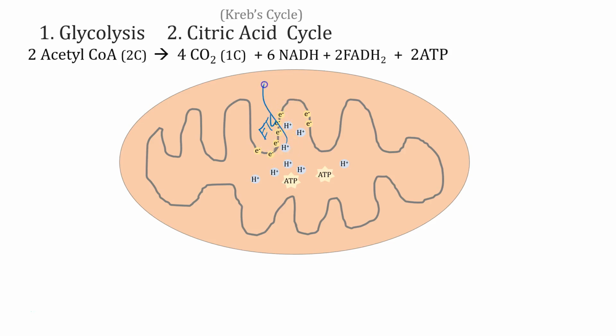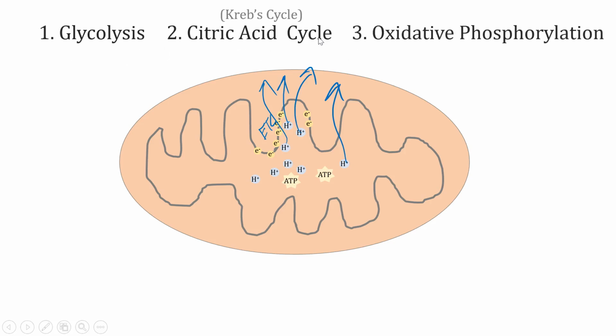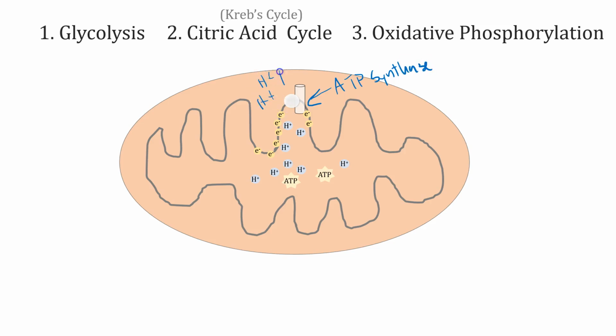When they do that, they trick hydrogen into popping up into the intermembrane space. And then the last part is oxidative phosphorylation, where there's an ATP synthase protein in that membrane. And all of the hydrogens that have accumulated here, all of the protons, I guess I should say, can now flow back down through.